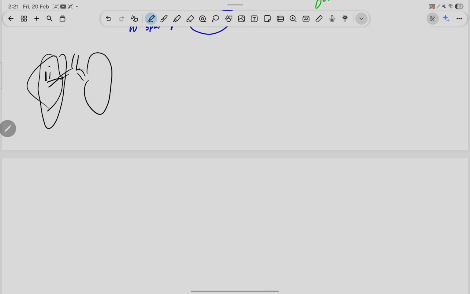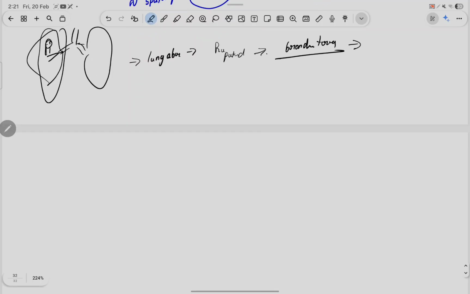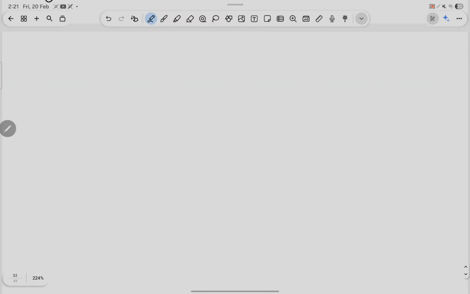If there is a lung abscess here and it ruptures suddenly into the bronchial tree, then there will be a sudden onset of greater than 100 ml of sputum coming outside.